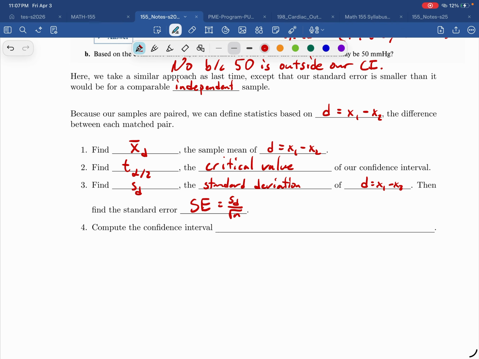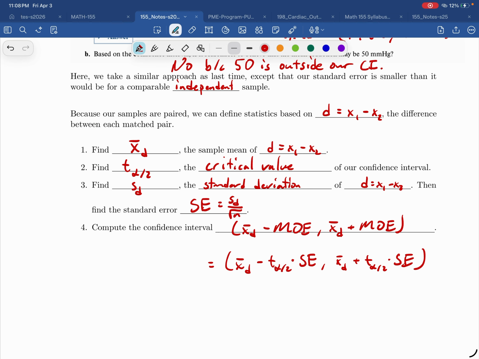So then we're going to compute the confidence interval. Well, maybe you can see what's coming here. It's going to be x bar d minus the margin of error to x bar d plus the margin of error, which of course is x bar d minus our critical value times our standard error, x bar d plus our critical value times our standard error.